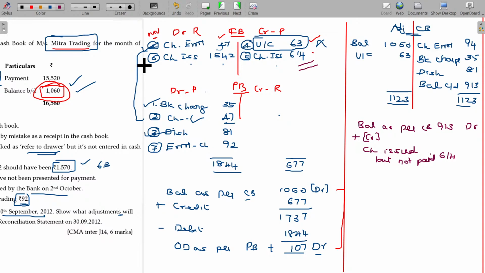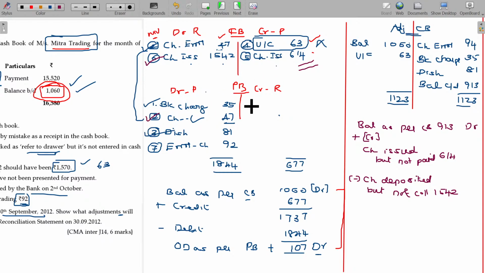Subtracting items. What are the subtracting items? Check error was already rectified. Check received and deposited but not encashed, the banker will collect later, sir. 1542.